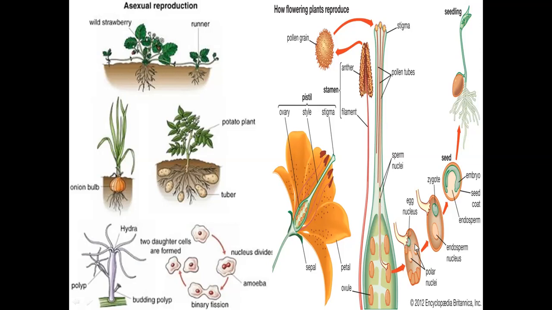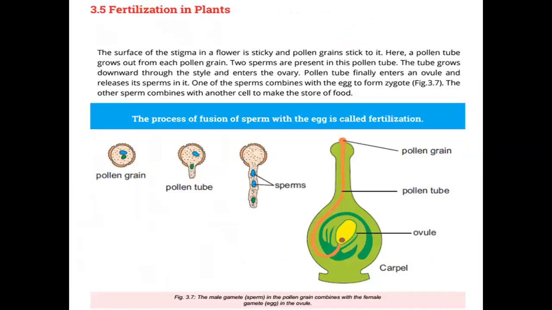One cell is joined with the other, that is called fusion, and that forms the embryo. This process is called fertilization. When male and female gametes fuse or combine together, that is called fertilization. So fertilization happens in sexual reproduction in plants, and not in asexual reproduction in plants.